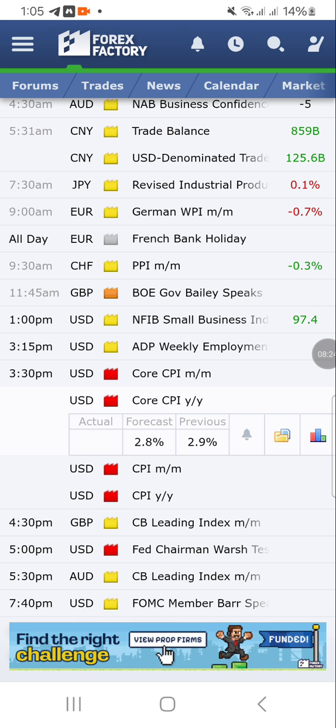They're expecting it to be 2.8%, whatever. If the number comes out lower than the forecast, meaning the CPI for June was lower than the CPI for June 2025, what does it mean? It means this is the data that gives the market the direction.